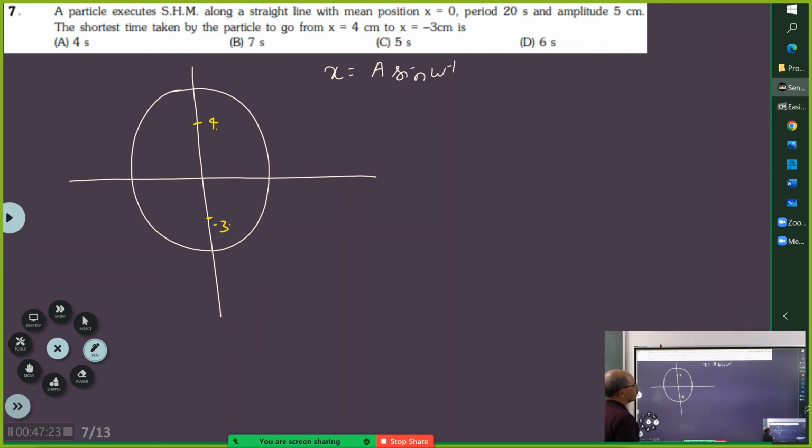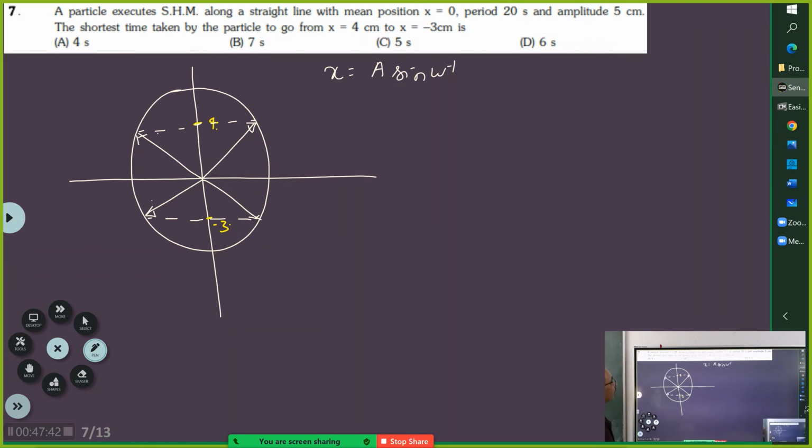The corresponding phasor for this can be like this also, or like this.